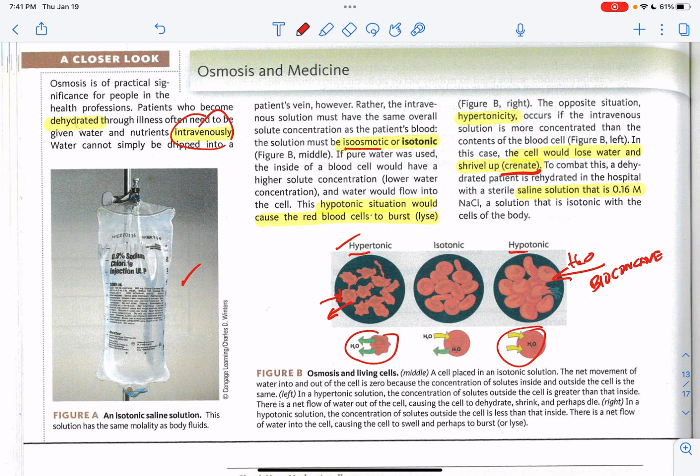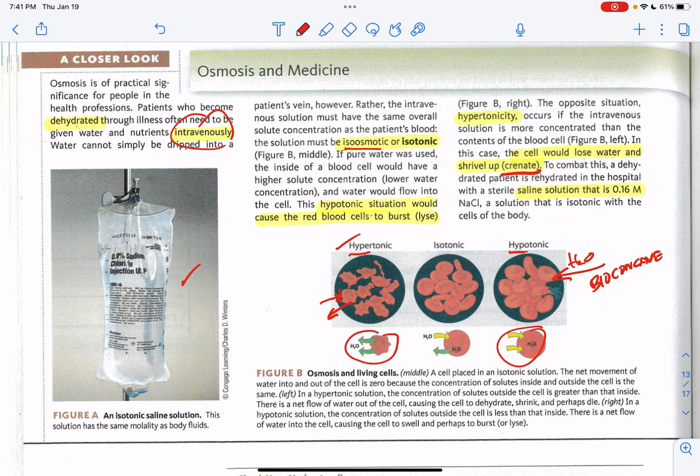Plant cells, because they have an additional cell wall, are somewhat protected against this, and that's a good thing, thinking of all the plants that need to be able to survive either in shallow water or sometimes even be able to survive the periodic flood. But animal cells don't have that cell wall.